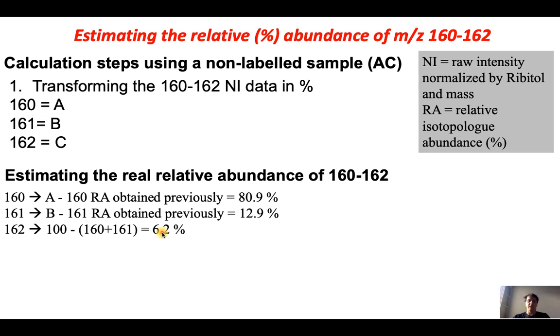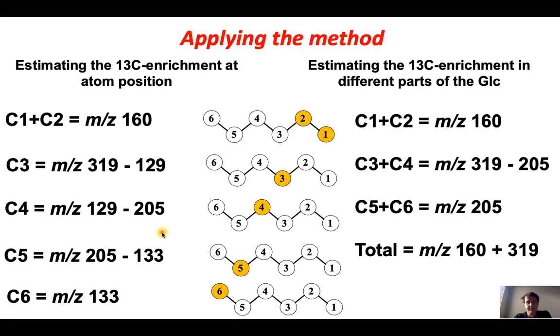That's why we did these calculations. And then we applied the method. If we have convinced you that the calculation is right, we can use this information to estimate the enrichment in carbons 1 and 2.